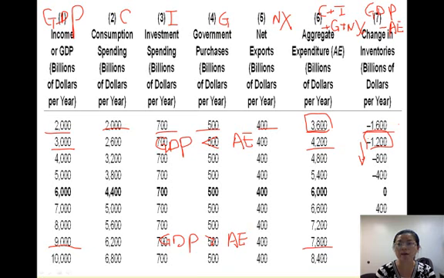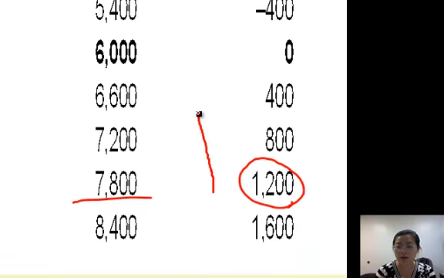Inventory increased by $1,200. To get rid of all those surplus or unsold items, companies will decrease their production, lay off workers, and decrease working hours. So 9,000 is not the equilibrium GDP level in the economy either.